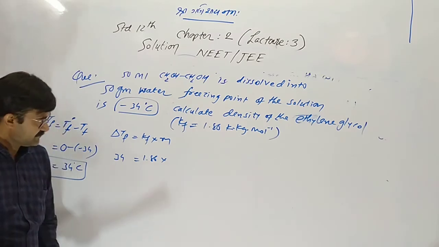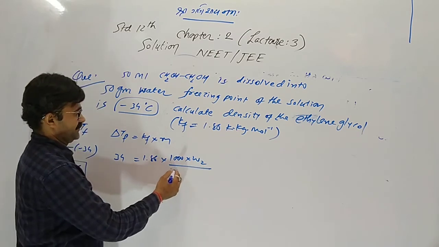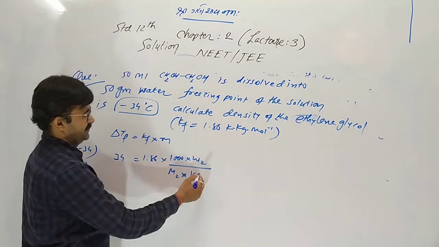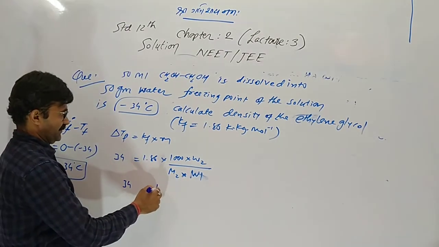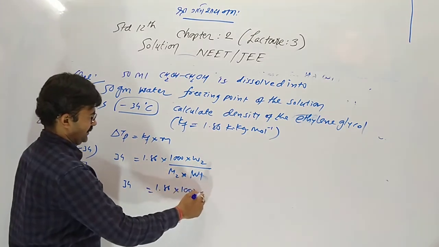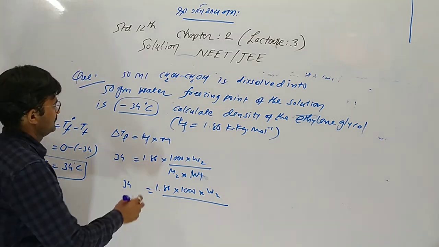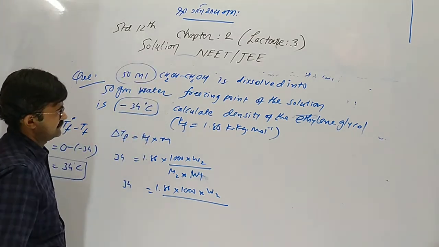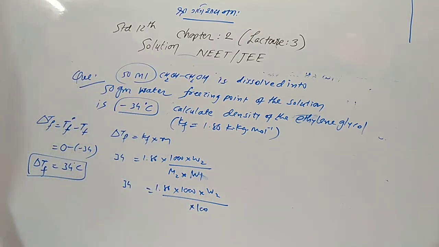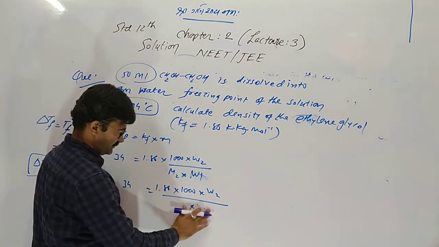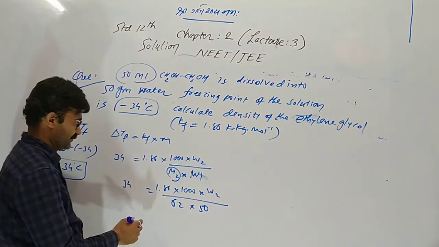So 34 equals 1.86 into 1000 into mass of solute, W2, which we have to derive, divided by the molecular mass of solute and the mass of the solvent. The mass of solvent is 50, and the molecular mass of ethylene glycol is 62.